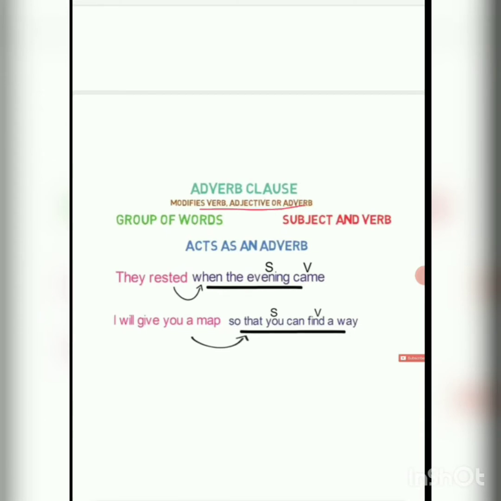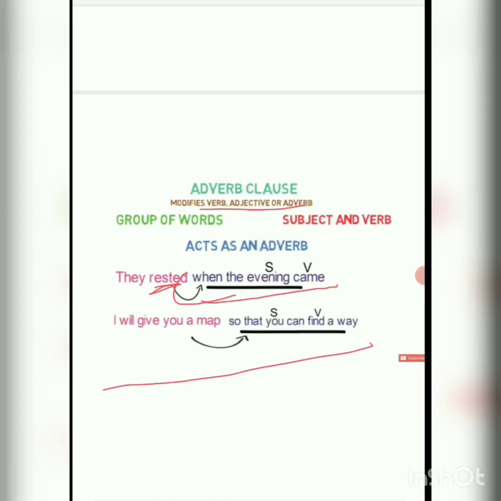Okay, so see, children, you can see in this sentence, they rested when the evening came. If you take this clause, when the evening came, why do I call it a clause? Because this group of words is acting as an adverb here. It is modifying the verb rested here. Because it is modifying the verb rested, it is known as an adverb clause.